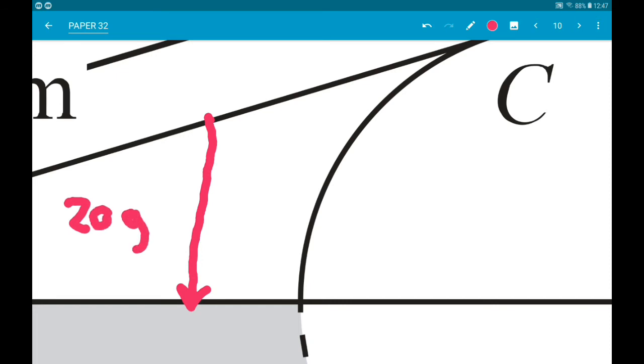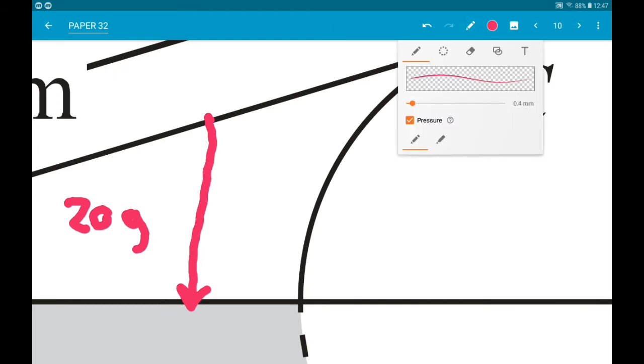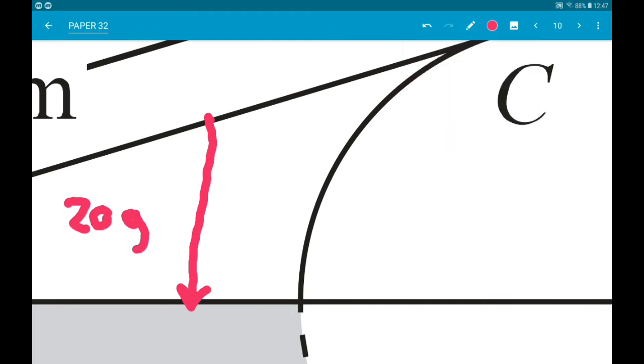Now, we also know that this is going to have a perpendicular component and a parallel component. So just like the last question, we need to find what those two are.